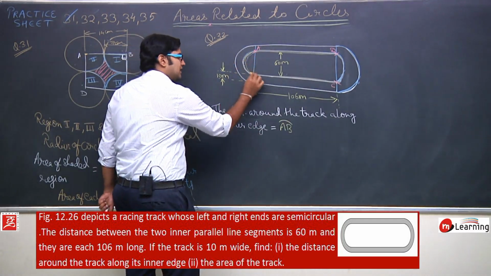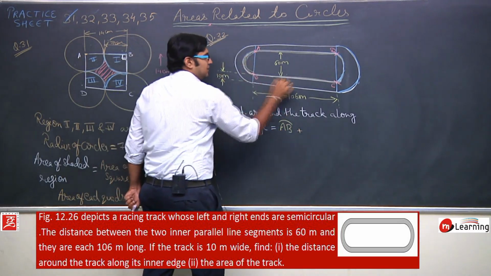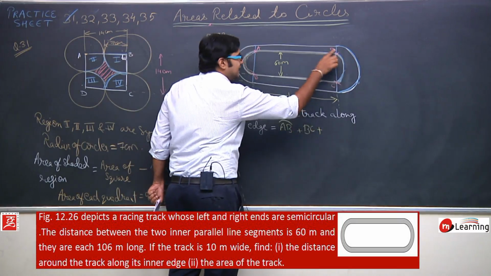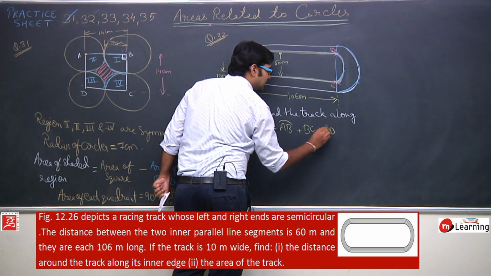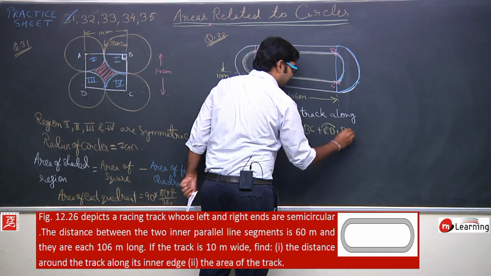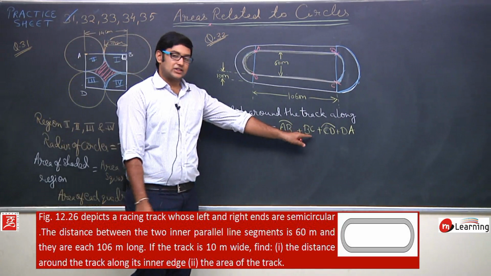Because AB is the arc. Plus, after AB, BC is a line. So plus BC. Plus CD, which is again an arc. Plus DA. So I need to calculate this length.